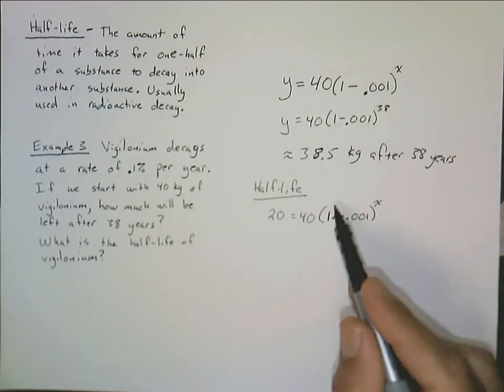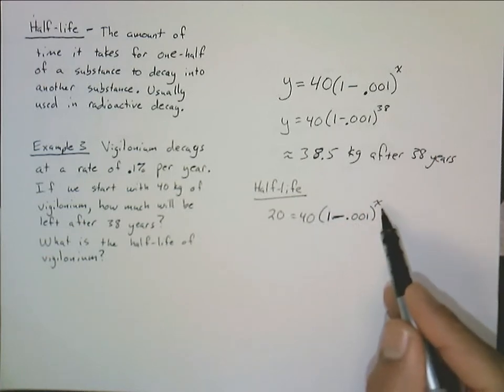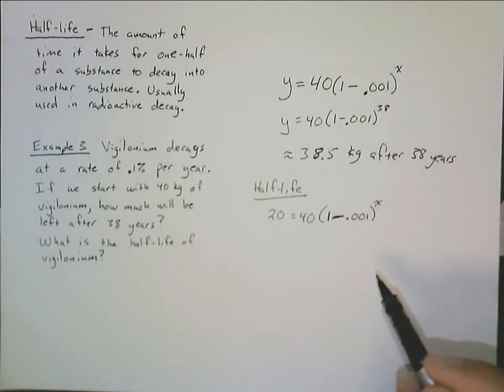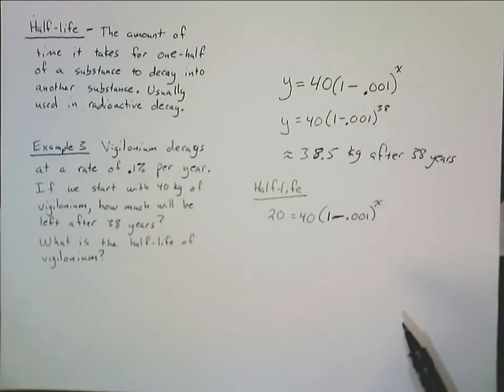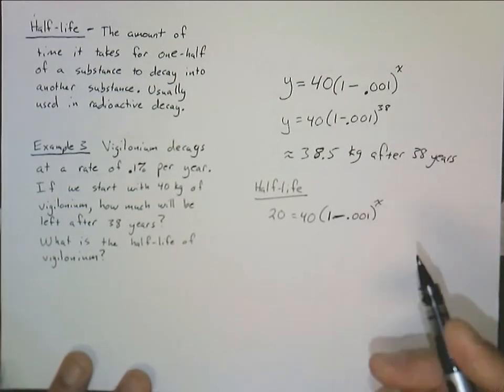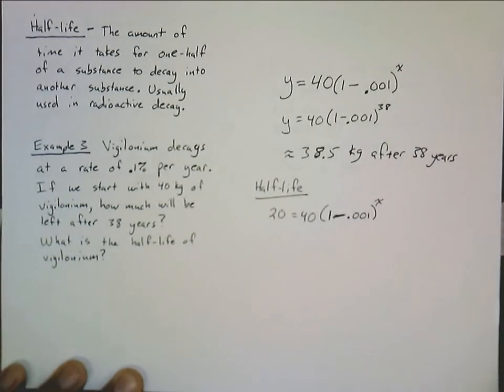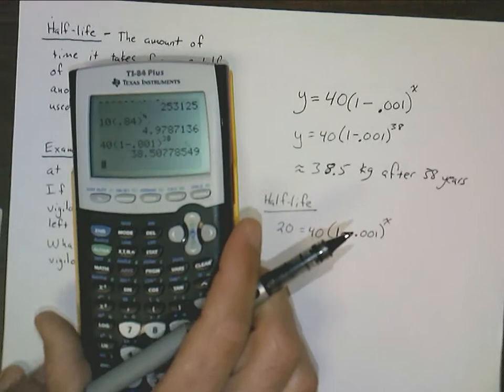So really what we need to do is solve this equation for x, or undo what's being done to x. Unfortunately, that involves logarithms, which we aren't going to get to until Algebra 2. But what we can do is look at a table of values that your calculator will give to you.